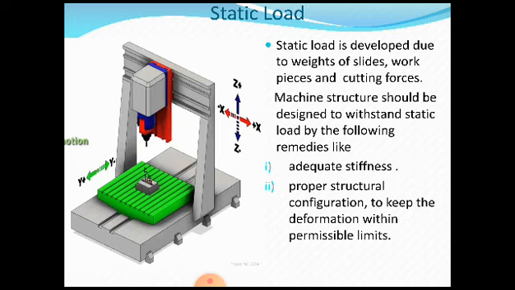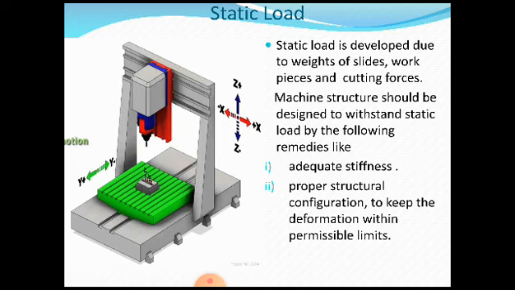That means it is necessary that we design the machine structure of the CNC in such a way that it keeps the deformation within permissible limits. Whatever the deformation possibility is, whenever the machining operation is done automatically, the structure should be able to sustain the loads and stresses developed in it without changing its shape.